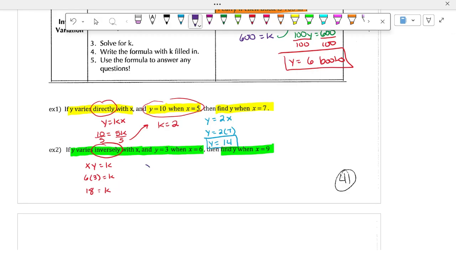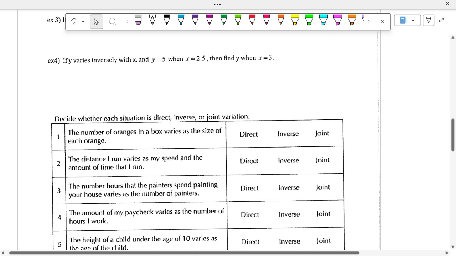Thus, x times y should equal 18. So if x is 9, I'm solving for y. What's y equal to? 2. Yep, 2. 18 divided by 9 is 2. Any questions? All right.